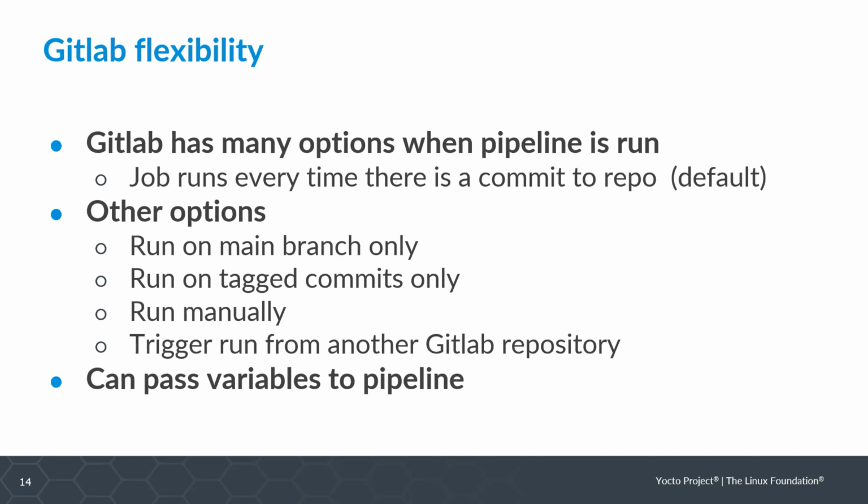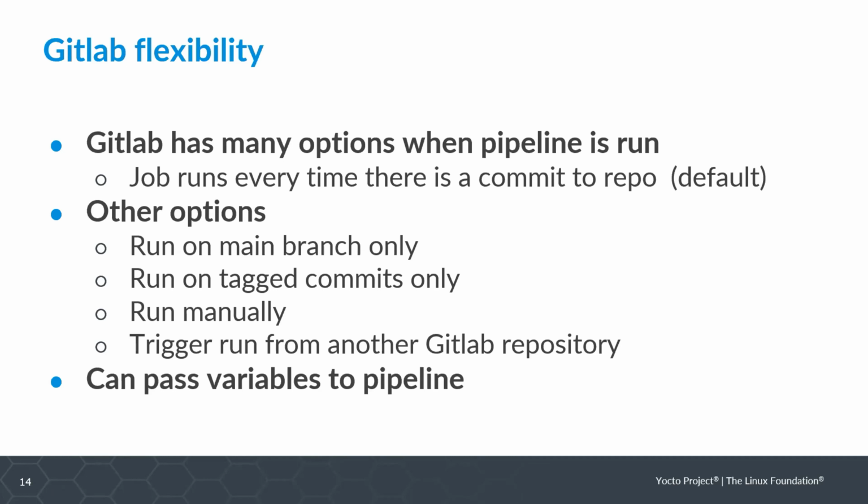So I can use tags to mark where I have working code, things I want to release to other people. You can also set up to run manually, which is always available from the web interface. You can trigger a pipeline run, either the whole pipeline or specific jobs in the pipeline.